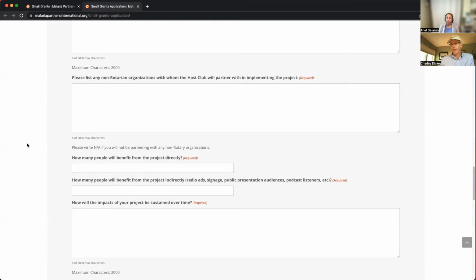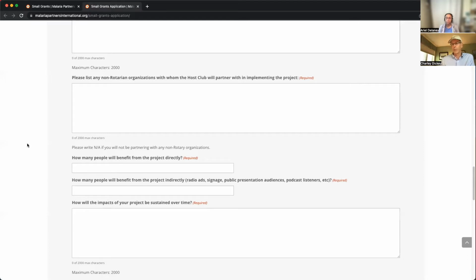campaign, you need to think about the reach of the radio station. How many can you get data on how many would be expected to be listening during the time that the promotions would be aired? If there's a huge billboard, how many people would drive by it? Those are the indirect beneficiaries. It can be a combination. It could be a test, and it could be a village health team training exercise.